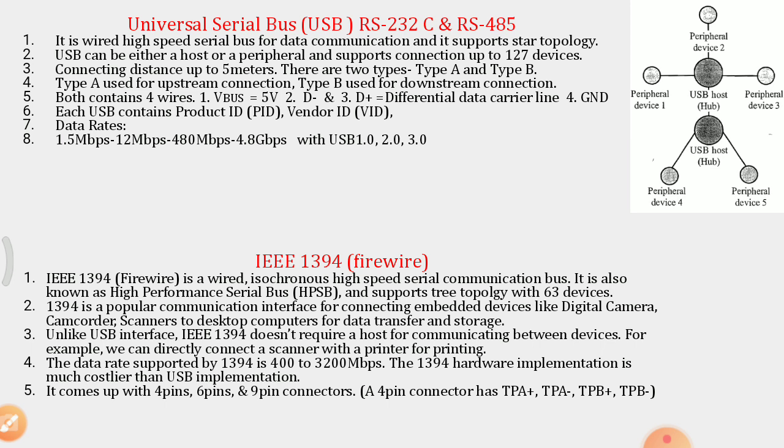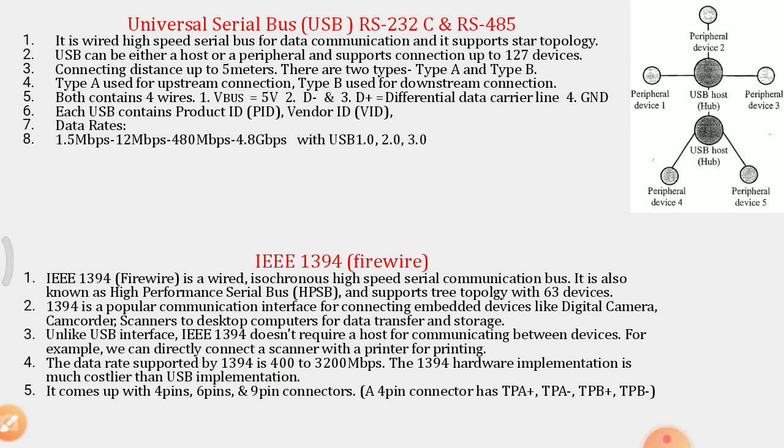It is also known as a high-performance serial bus and supports a tree topology with 63 devices connected. 1394 is a popular communication interface for connecting embedded devices like a digital camera, camcorder, and scanners to desktop computers for data transfer and storage.